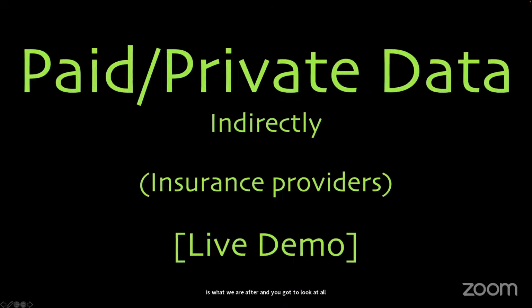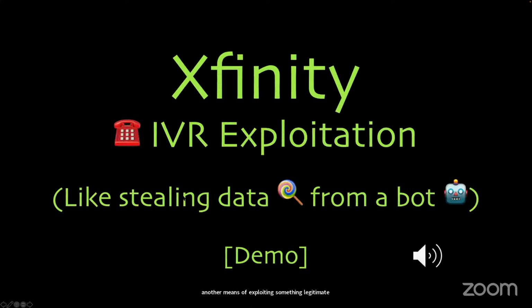One last, or second last, technique I want to show you is another means of exploiting something legitimate. So IVRs, we can hack or exploit IVRs for information as well. Interactive voice response, or whatever that means. So Xfinity. A lot of people have Xfinity accounts at their home for internet or voice.